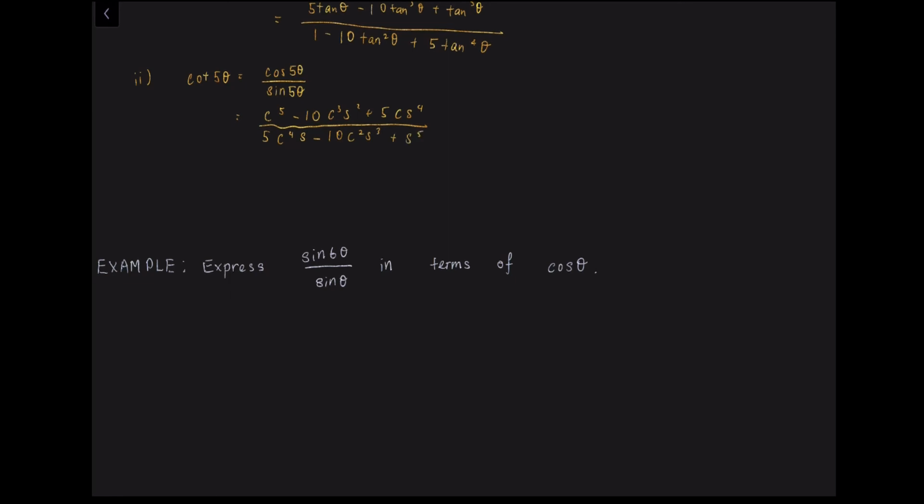To express all the cos theta and sin theta in terms of cotangent theta, we are going to divide both the numerator and the denominator by s to the power of 5. And that's our answer.